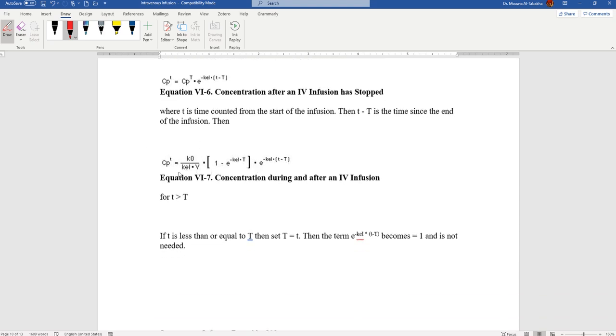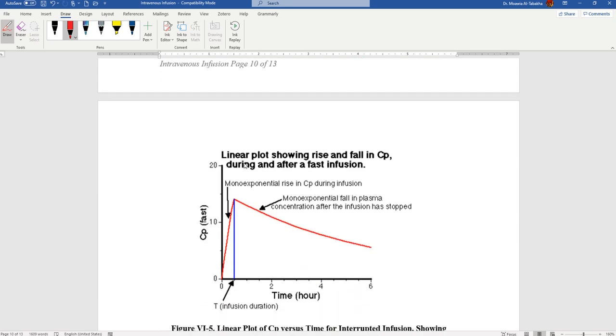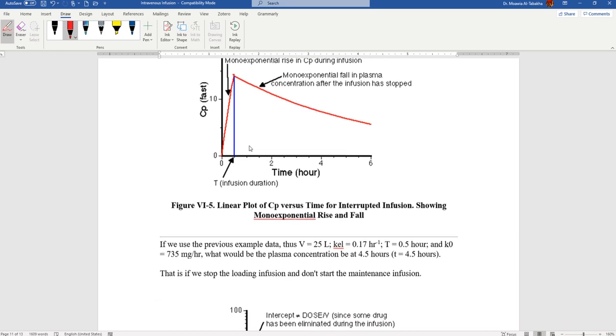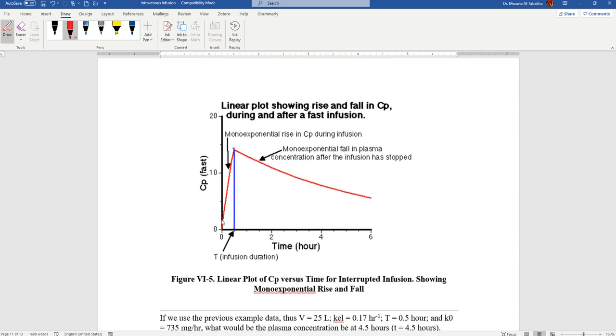We can write it also in this way. And this is also showing you how the mono exponential fall in plasma concentration after you stop the infusion. Remember also the rise in concentration here is mono exponential, that's why it's not a straight line.